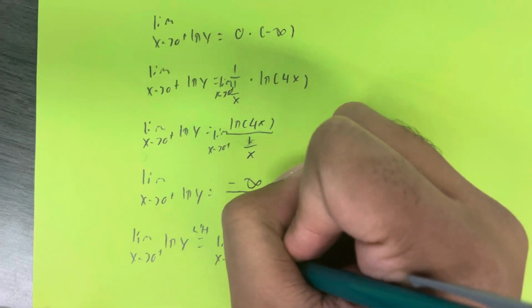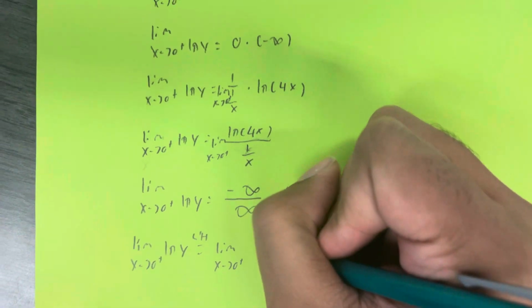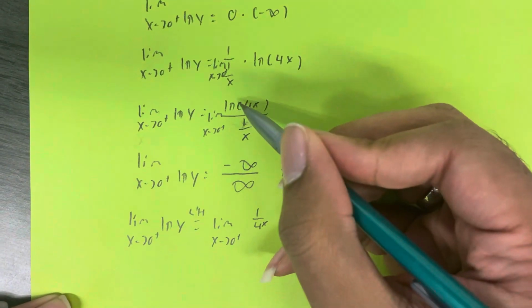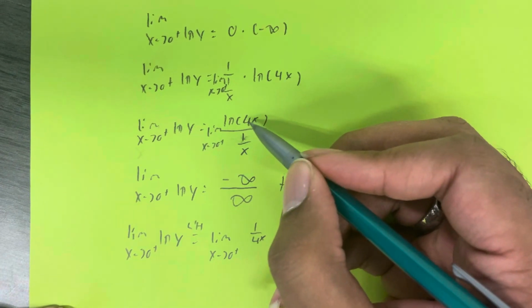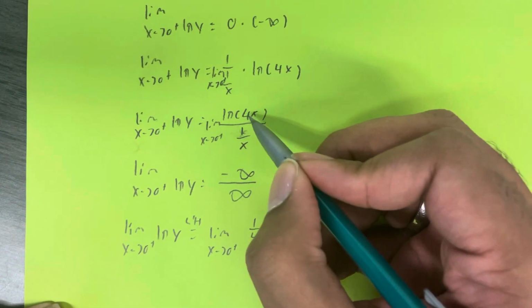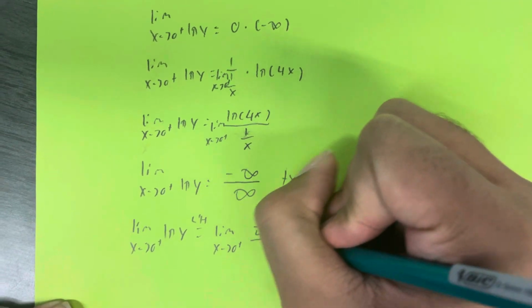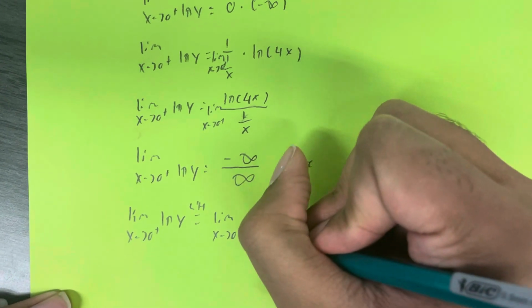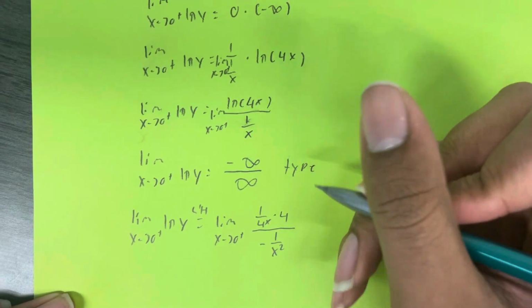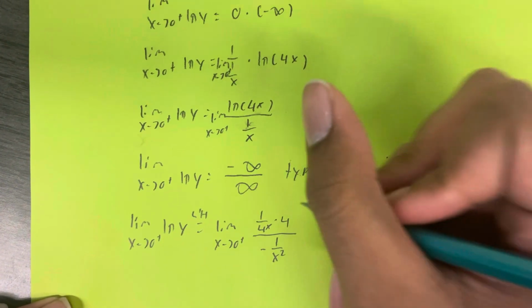And don't forget your chain, because the derivative of this would be 1 over 4x times 4, because you have this 4 in here. So don't forget your chain. And this would be negative 1 over x squared, the bottom part.